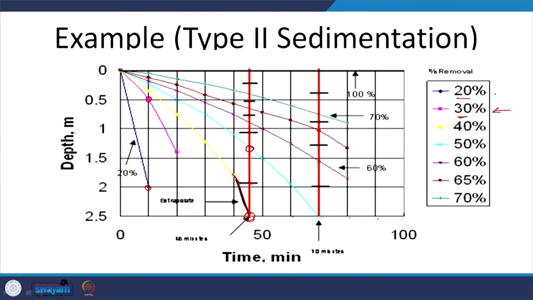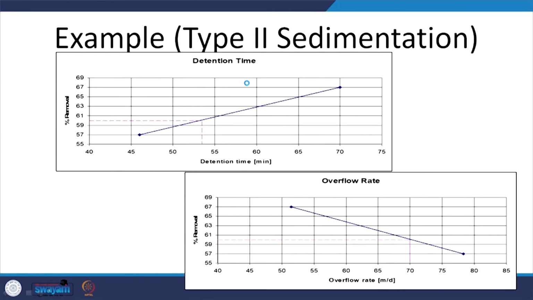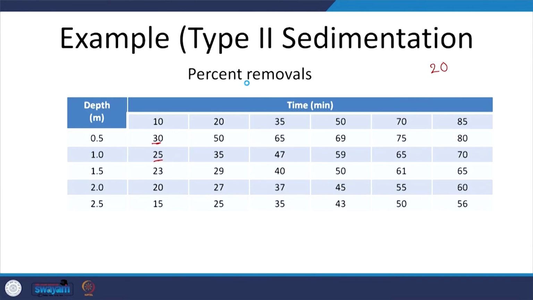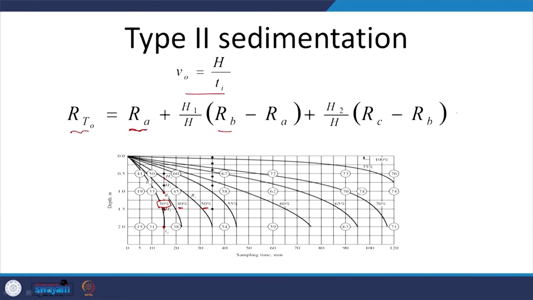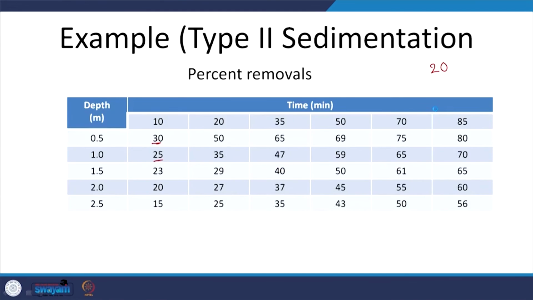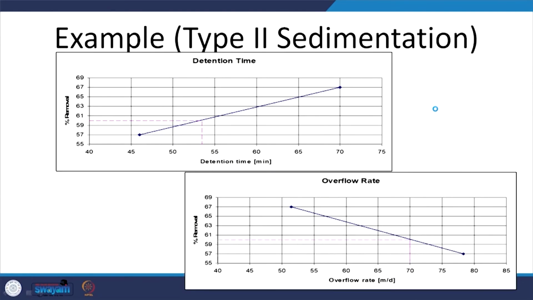We extrapolate and assume that it is going to intersect at 2.5 out here, and then I get this midpoint. Why do I need the midpoint? Because in the relevant equation for the percentage removal, we need this midpoint, and H1, H2, and so on. That is what is needed here.